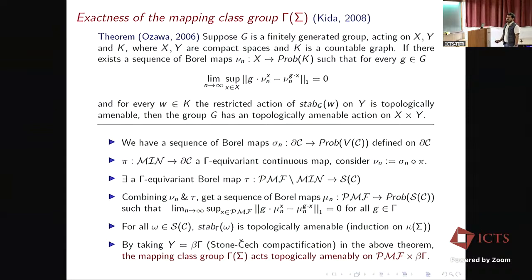So we get these maps, and the stabilizers of these simplices can also be shown to be topologically amenable. And then by using Ozawa's result, Kida was able to show that the mapping class group acts topologically amenably on this product, this compact space times this compact space. So this is Kida's proof.